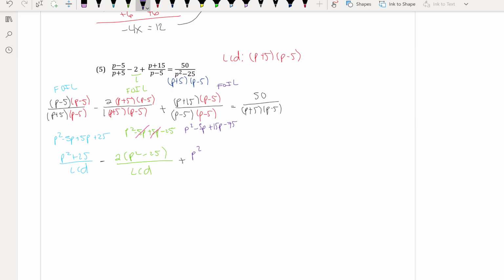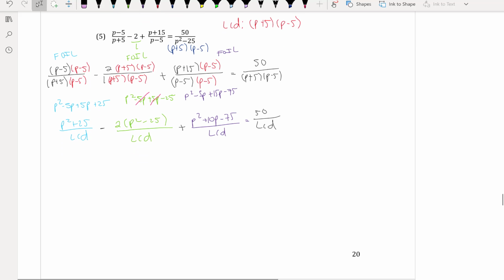So p squared, and negative 5 plus 15 is a positive 10p all over my LCD. And this is all equal to 50 over my LCD. So now that my LCDs are all the same, so the denominators are all exactly alike, now I just have to deal with my numerators.